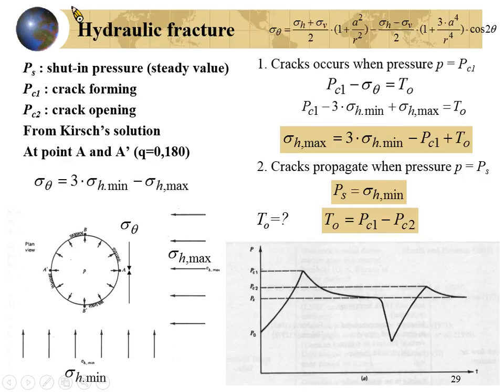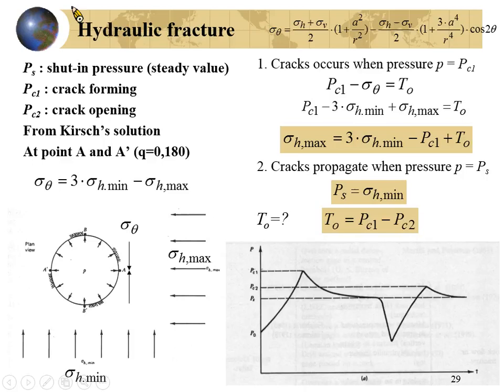So where will you have the borehole breakout? Certainly you will have a borehole breakout here, because the sigma theta here is larger than here. So the rock will crush because of the high deviatoric stress. Okay, so this will be the one thing.